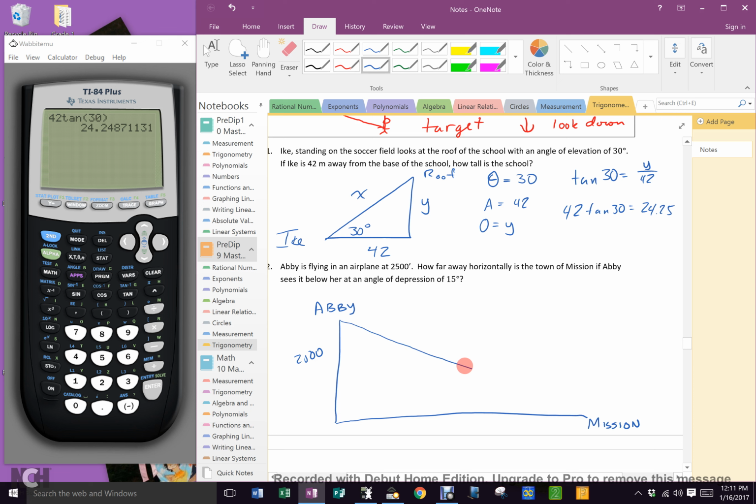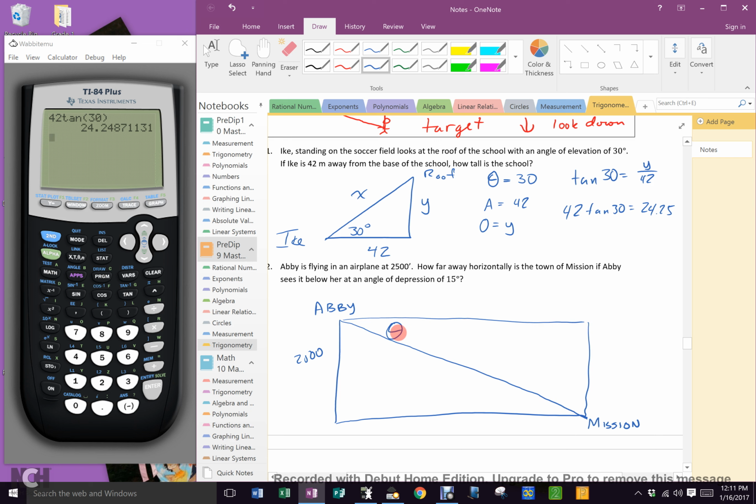Abby looks down at Mission with an angle of depression of 15. Where is 15? Does Abby's angle of depression exist in the drawing as I have drawn it right now? No. If I finish this rectangle, there is Abby.